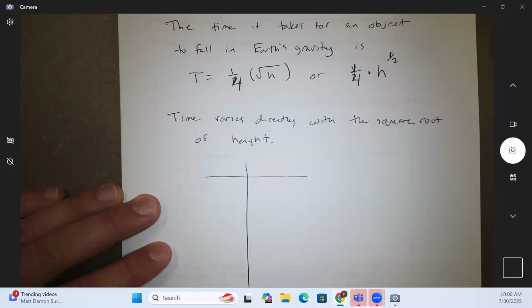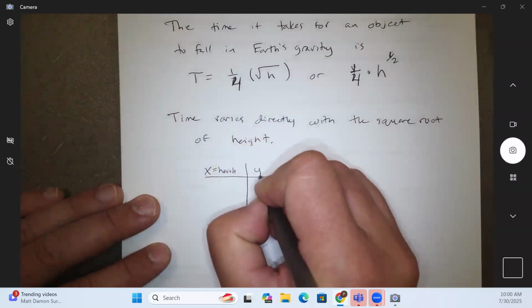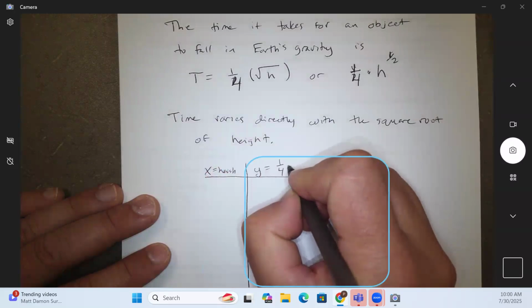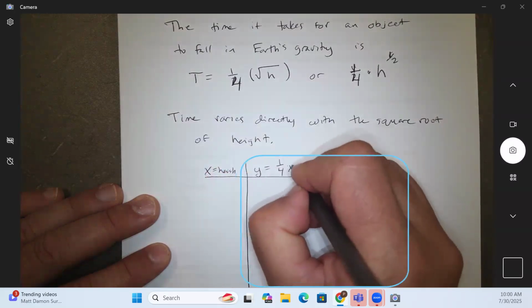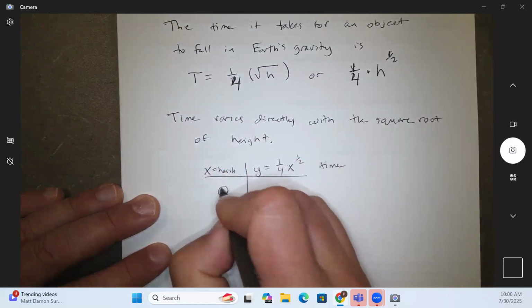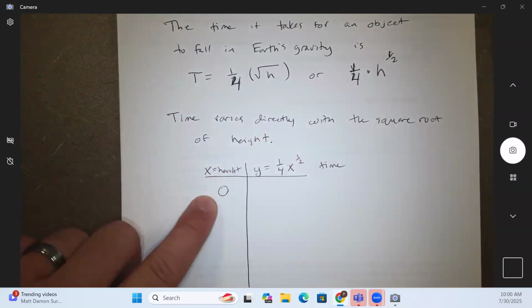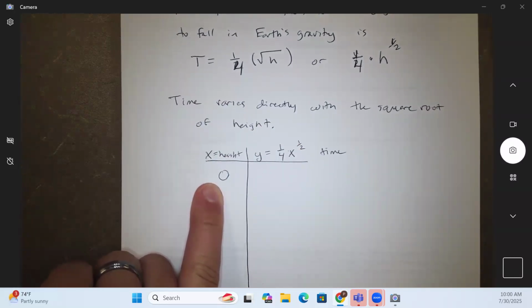There's some units here that I'm not gonna worry too much about. X equals height, Y equals 1/4 X to the 1/2, which is time. So if that object is 0 meters above the ground, how long is it gonna take until it hits the ground?